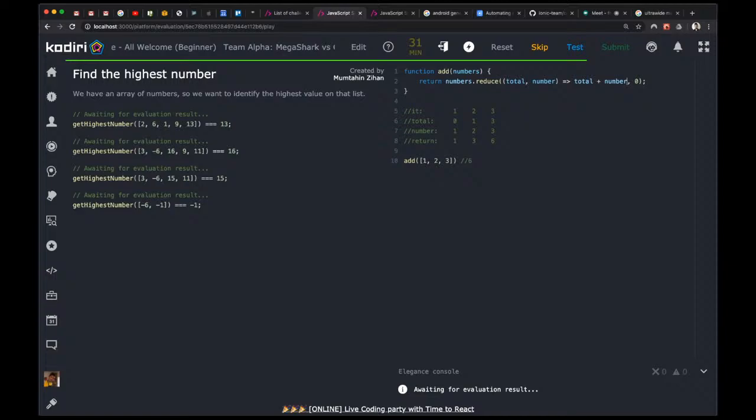Questions about reduce? If you want to add some numbers, what's the default number? If I want to check how much money I have in my pocket, by default, how much money do I have?